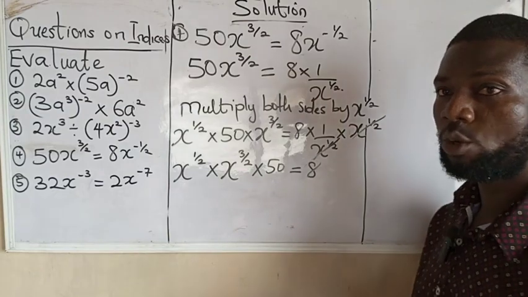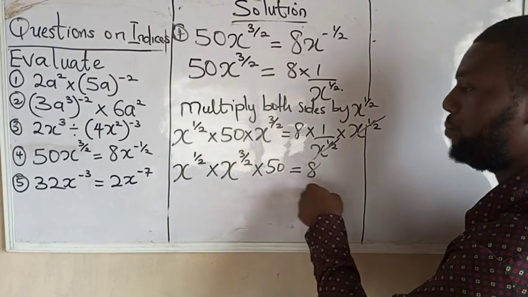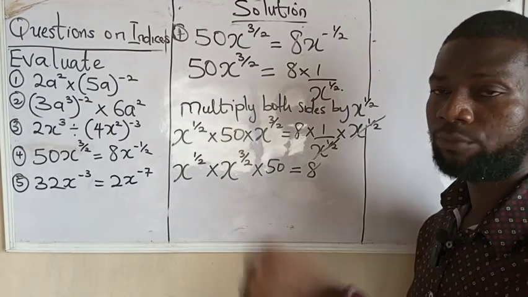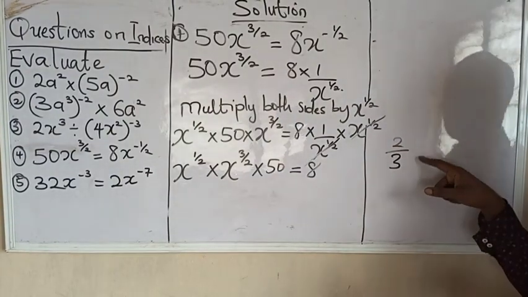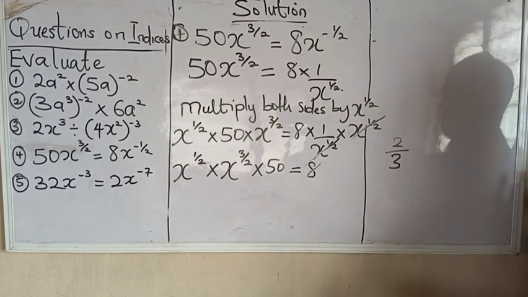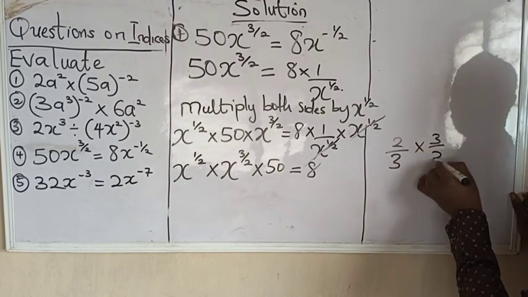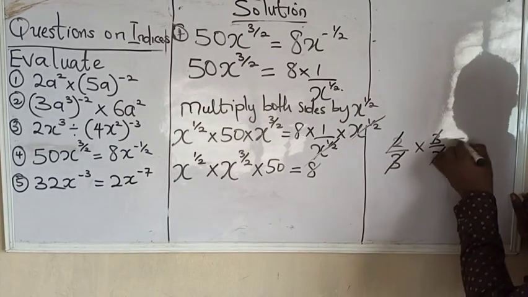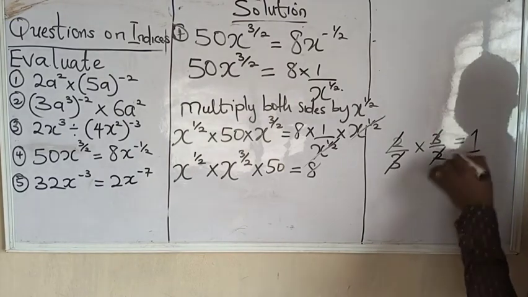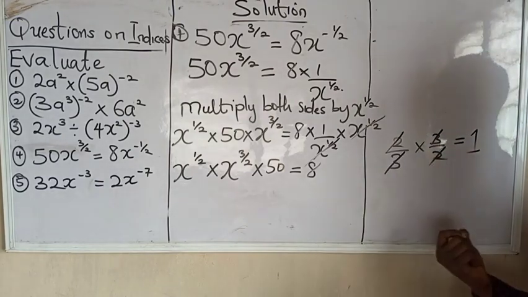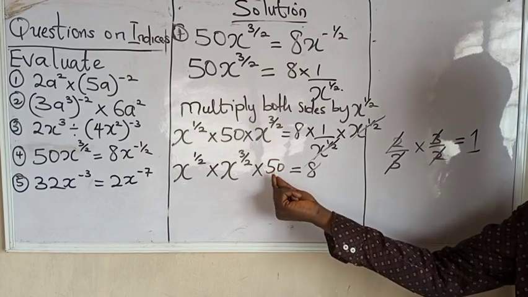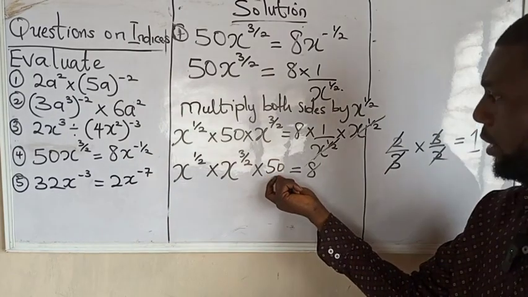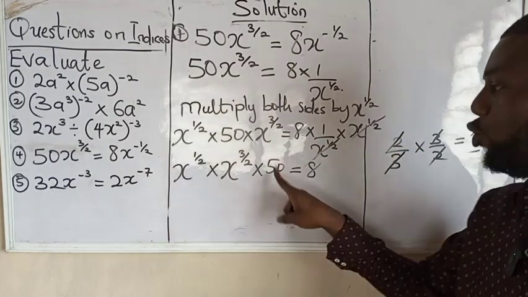And how do we make it equal to 1? By multiplying both sides by its reciprocal. For example, if I say this is 2 over 3, and I want to multiply this by its reciprocal, I will say times 3 over 2, because I know that at the end of the day, when I divide, I'll get 1 as my answer. So in order for us to get rid of this 50, we are going to make sure that this becomes 1. How do we make it to be 1?